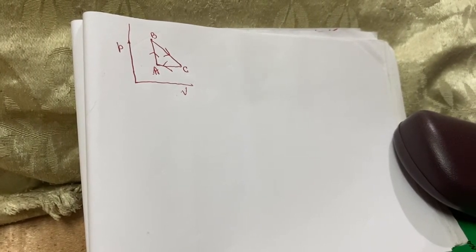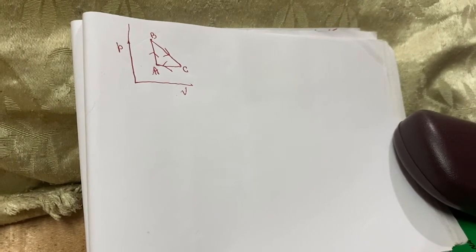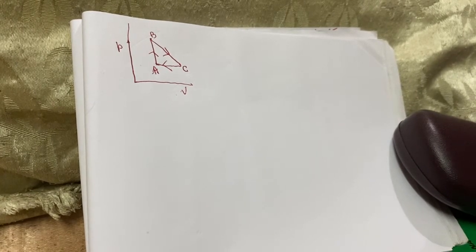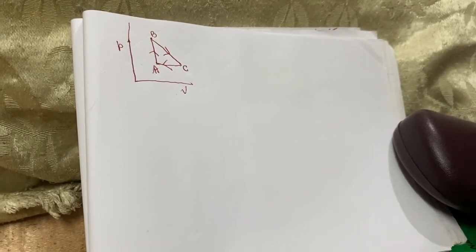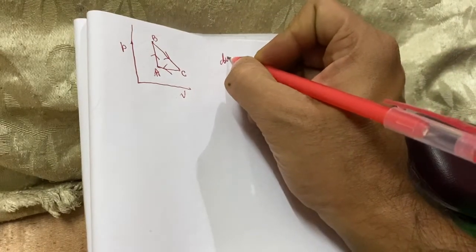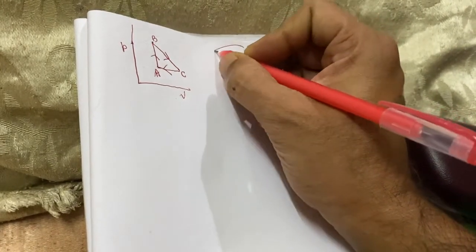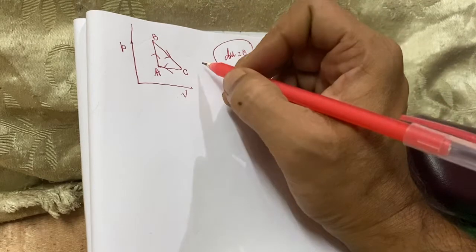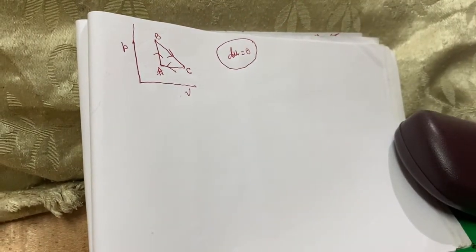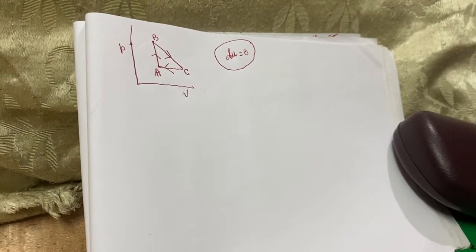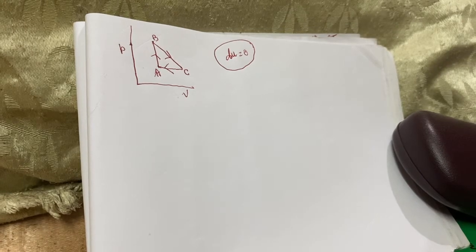So if we ask what is the change in internal energy during the process for the closed path ABC, the answer would be 0. dU is equal to 0, because the change in internal energy in a cyclic process is always 0, because it is coming to the same initial state.